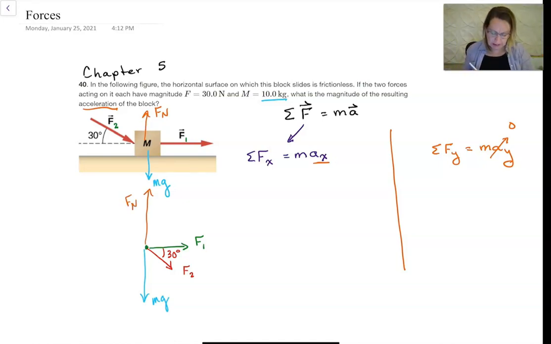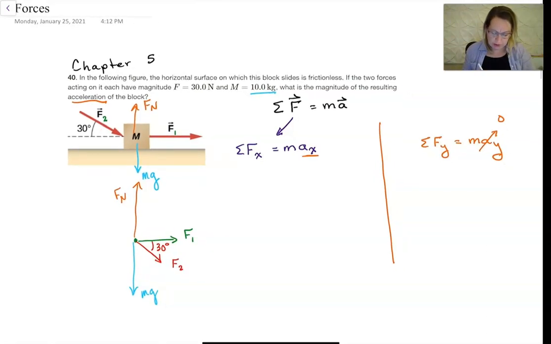The forces in the x direction that we're interested in are just this force 1, which is 30, and then the x part of force 2. So if we draw that again, I'll just put it here in the middle. There's our F2. Just so we get used to this, because we've got some more SOHCAHTOA coming at us here. This force 2 has a component in the x direction, F2x, and F2y.